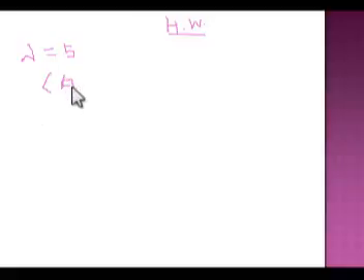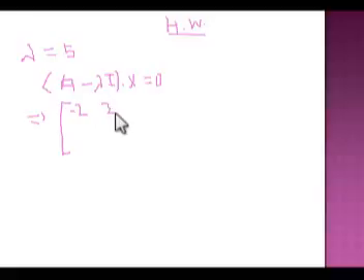A minus lambda I x is equal to 0 vector of same order. And now I'm putting A, which was minus 2, minus 2, 2, minus 3.